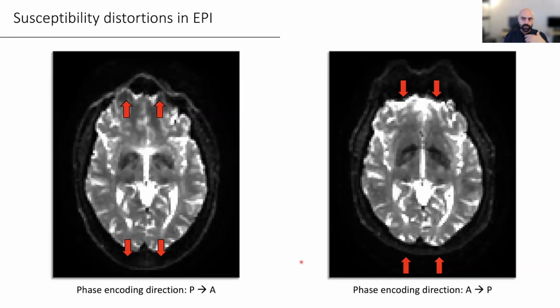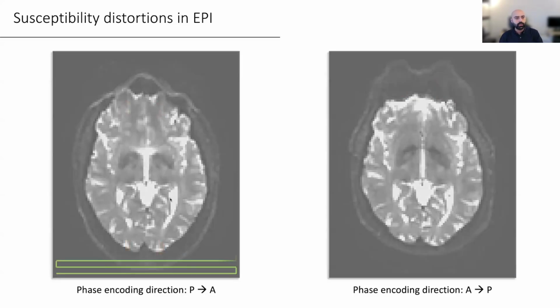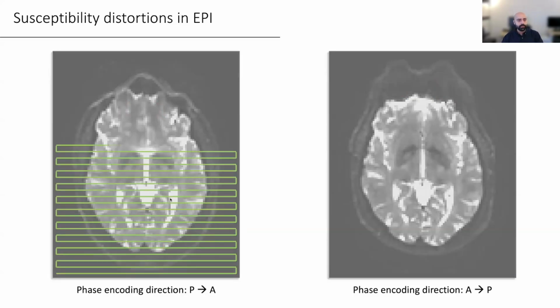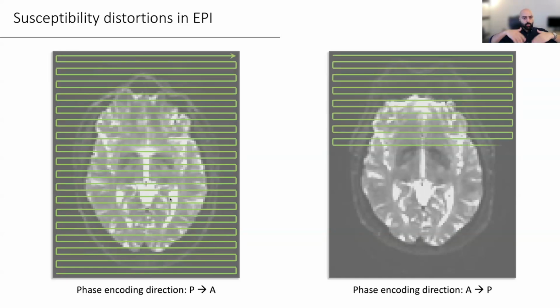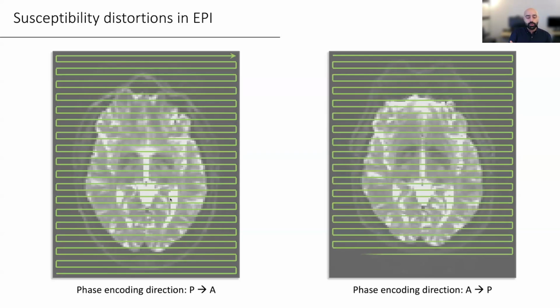But here I'm showing it like this just to drive home the message. And so that's what this might look like in an acquisition. Posterior to anterior, we're traversing the space toward the front, and anterior to posterior, we're traversing it toward the back.